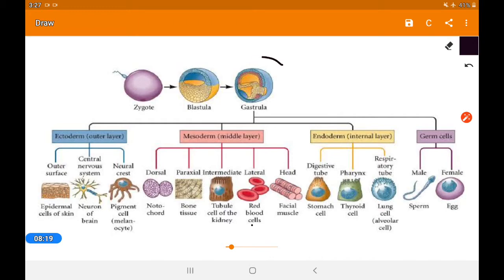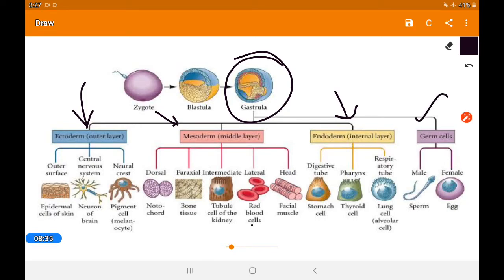Gradually development takes place. The gastrula has three basic layers. See that ectoderm, endoderm, and in between, mesoderm. All the organs which will come out in our body come from these three germ layers.